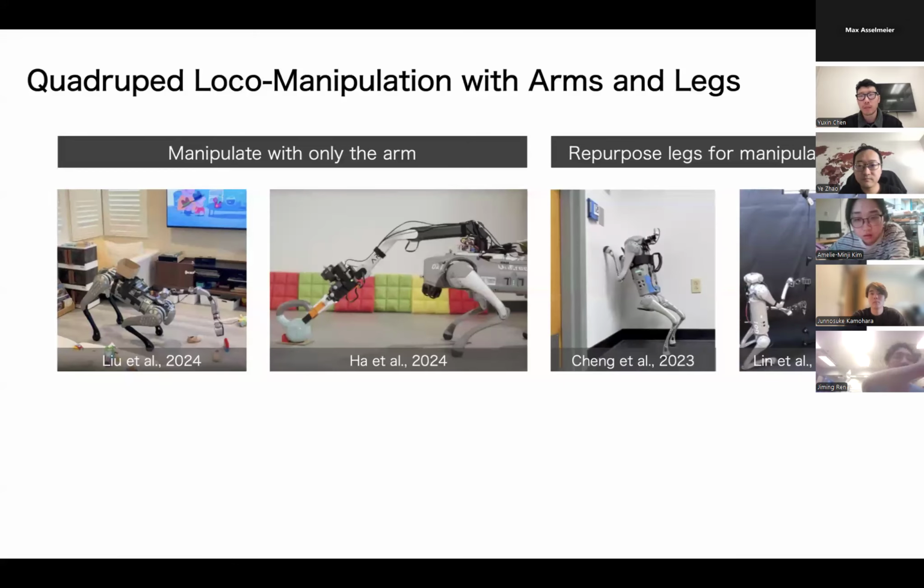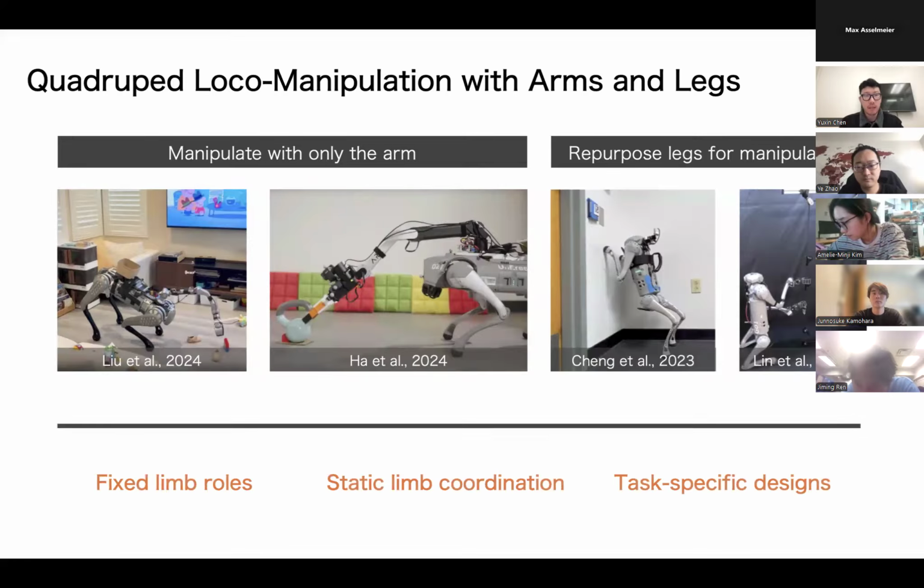And sometimes people also use the leg for manipulation. For example, these two are, I think, both from CMU. They attach an additional foldable arm onto one of the legs and then treat the leg as the arm when the robot is standing up.